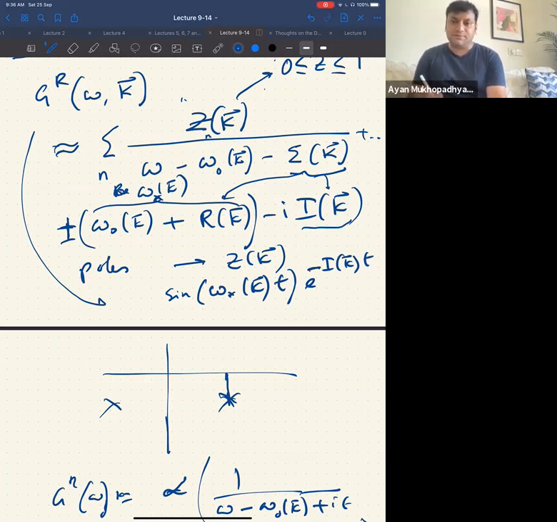This is simply the Fourier transform of this object to real time. So I find an oscillation whose frequency is the modified energy of the quasi-particle. Instead of following the dispersion relation omega naught K, it follows a different dispersion relation, renormalized by the interactions.